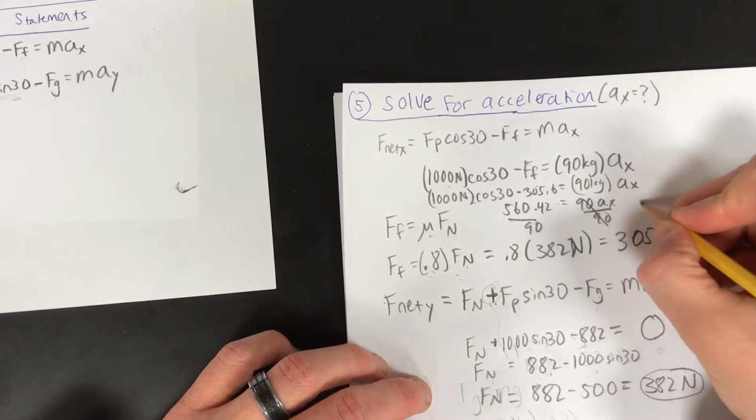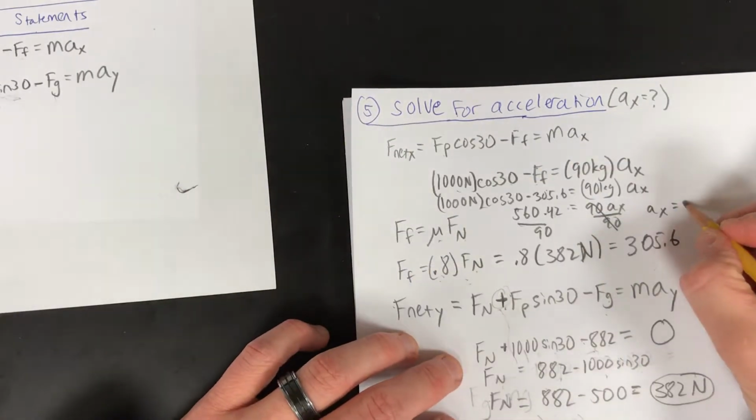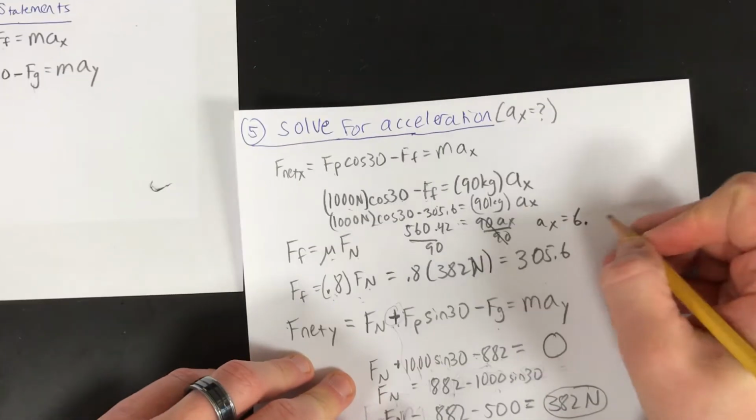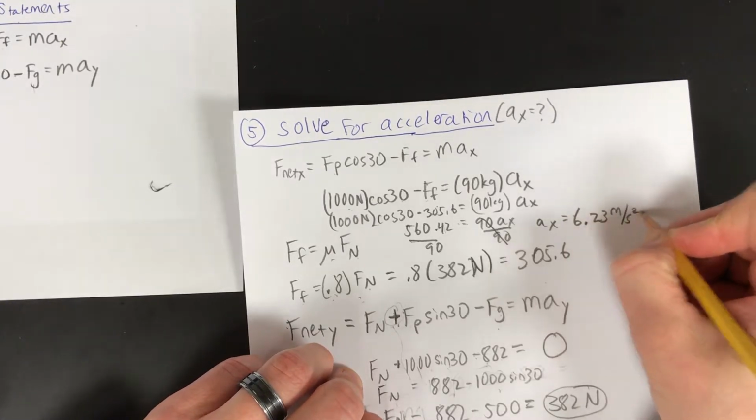Divide both sides by 90, and your acceleration is 6.23 meters per second squared.